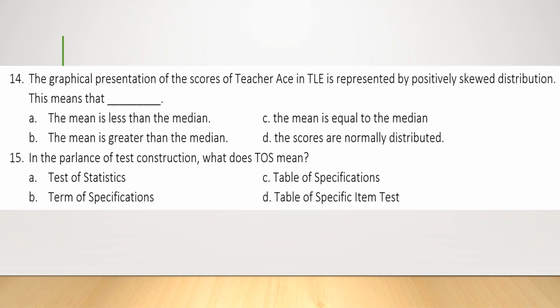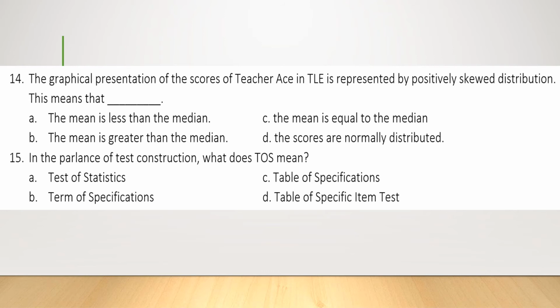15. In the parlance of test construction, what does TOS mean? Labyan na to. TOS stands for Table of Specifications. The TOS contains the instructional objectives to be tested. It also contains the number of items, the placement of items, kung asa ning objective, gining objective number 1, asa ning test items makita.